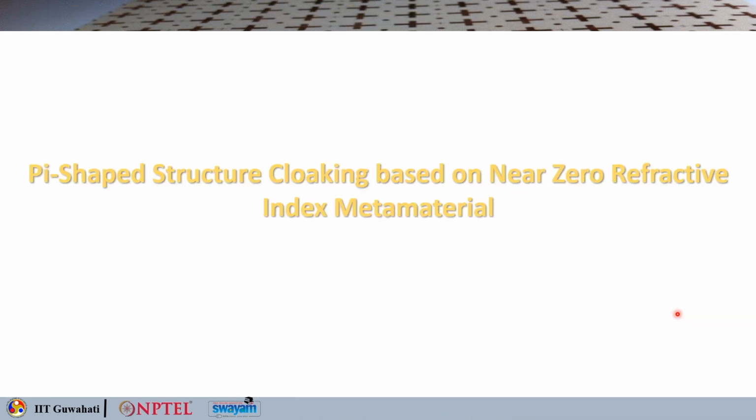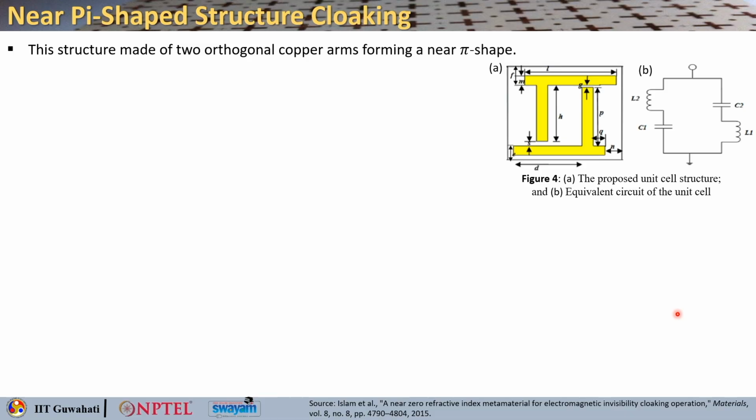Next we move on to another type of structure, a pie-shaped structure based on the geometry, that can be used for cloaking based on near zero refractive index metamaterial. So this is the structure I was talking about. It's a pie-shaped structure which is basically made of two orthogonal copper arms that form a pie kind of shape.